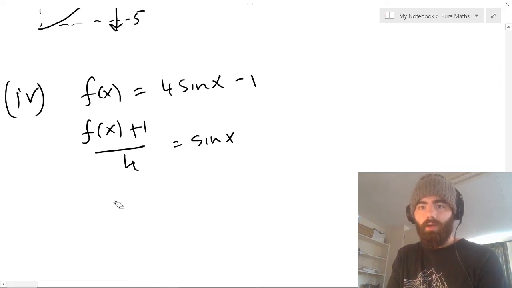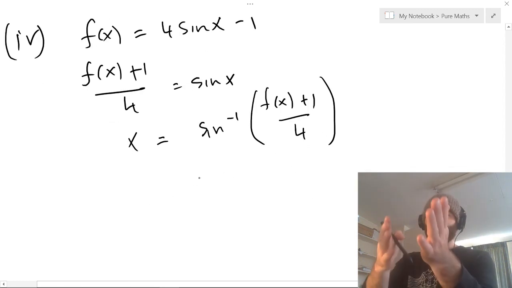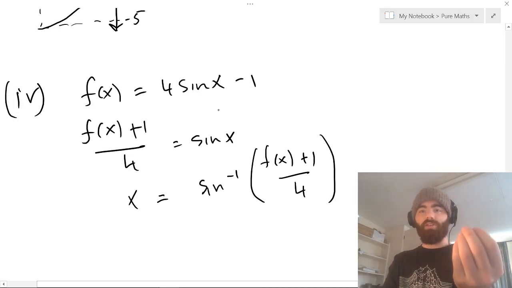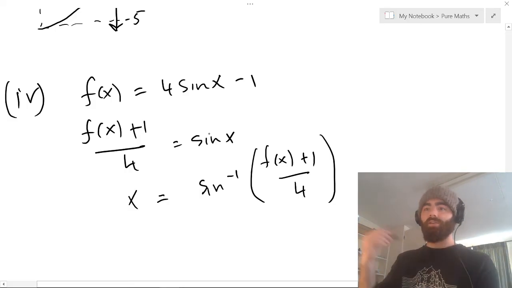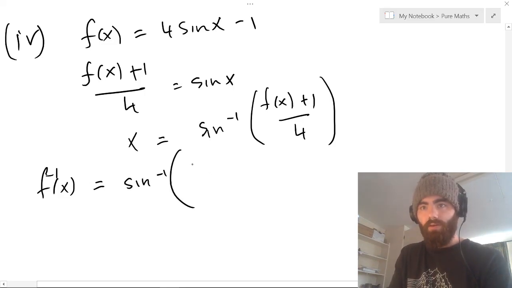So therefore our x equals, right, so this one takes us from x to f of x, and our inverse takes us from f of x to x. So we can say that the inverse of f of x is equal to sine inverse of (x plus 1) over 4.